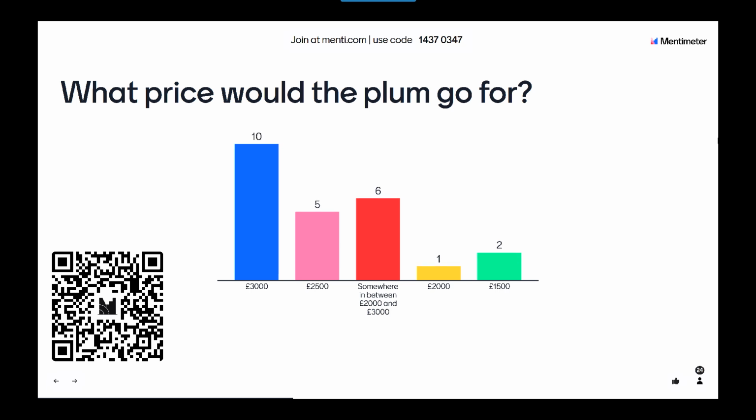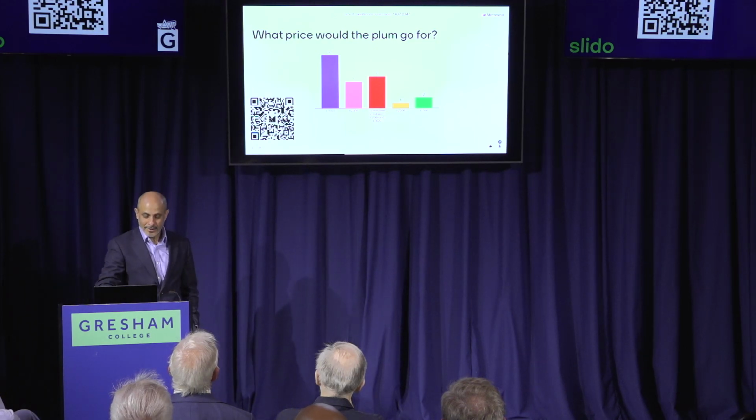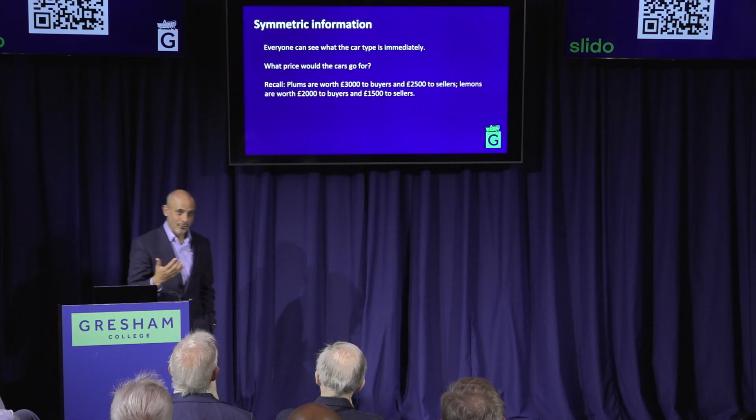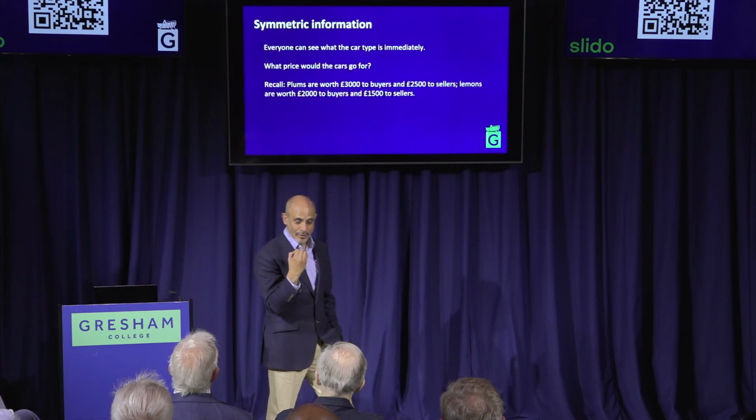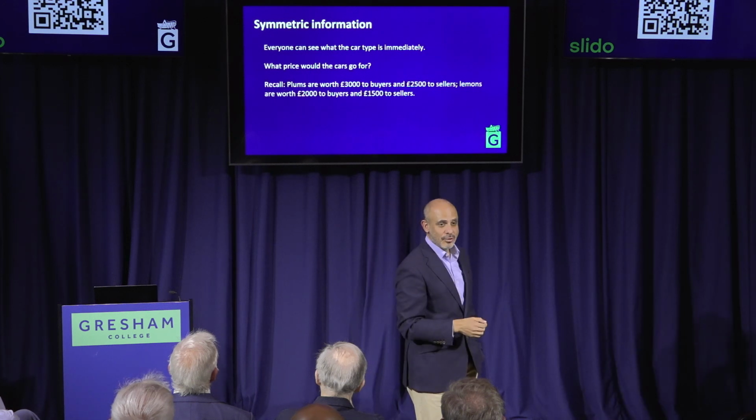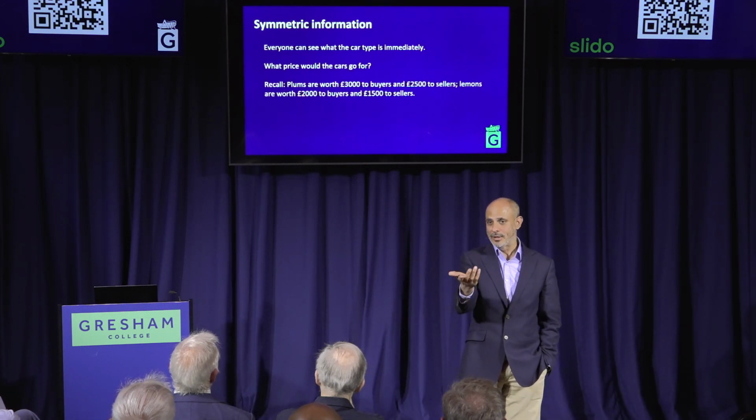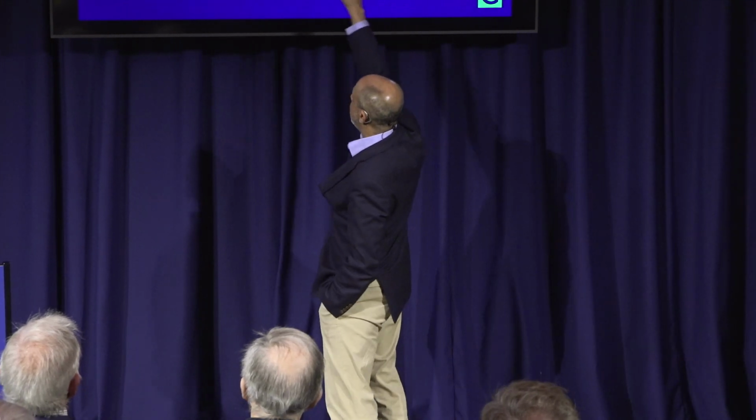Why 3,000 pounds? Because of the assumption I made that there are many more buyers than sellers. So if you offer less than 3,000, what's going to happen? The seller is going to say, hey, I'll wait for somebody else. I'm not going to sell to you at 2,500, even though everybody knows it's worth 2,500. But there are so many buyers, so few sellers, the seller is not going to sell. So the price is 3,000.